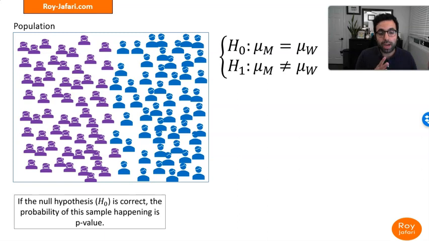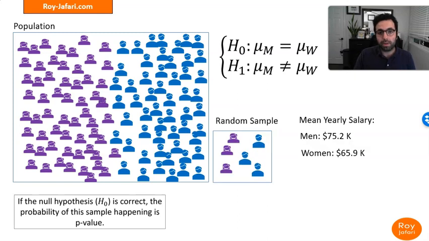So once we have our null hypothesis, now we have to do a random sampling. We pick a small chunk of the population, randomly select from them, and in this random sample, this is our observation.